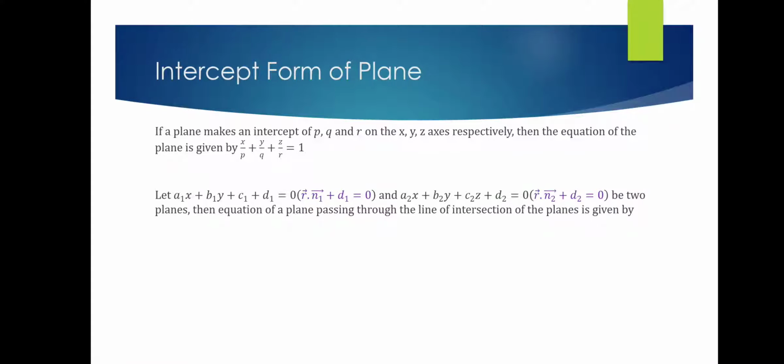And now if there are 2 planes, that is a1x plus b1y plus c1z, I should have put one z here, I missed that z, plus d1 equals to 0, and a2x plus b2y plus c2z plus d2 equals to 0, then the equation of the plane passing through the line of intersection of these 2 planes is given by a1x plus b1y plus c1z plus d1 plus lambda times a2x plus b2y plus c2z plus d2 equals to 0.